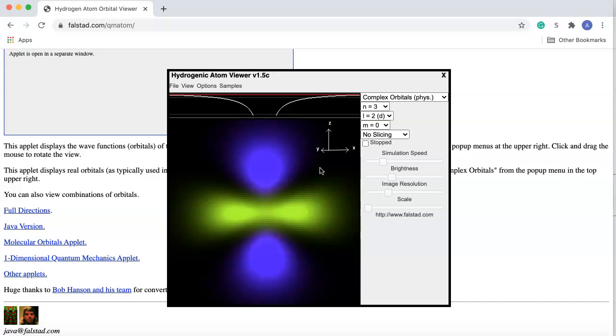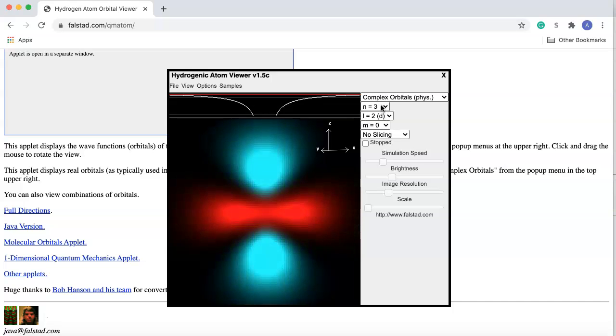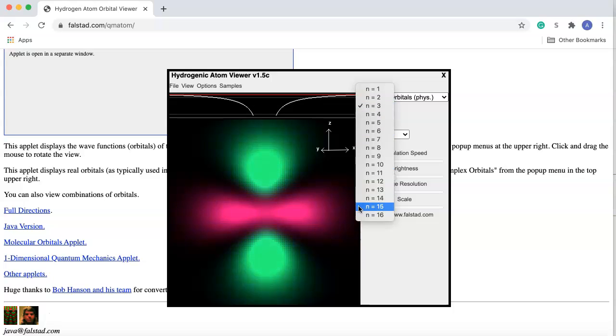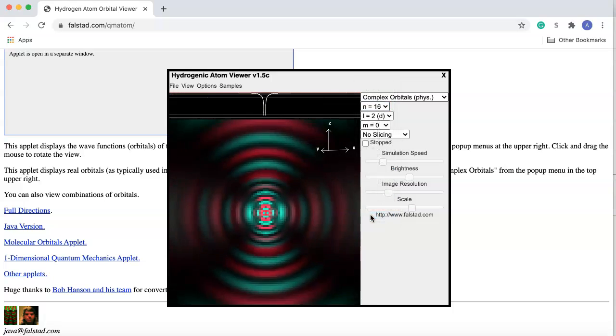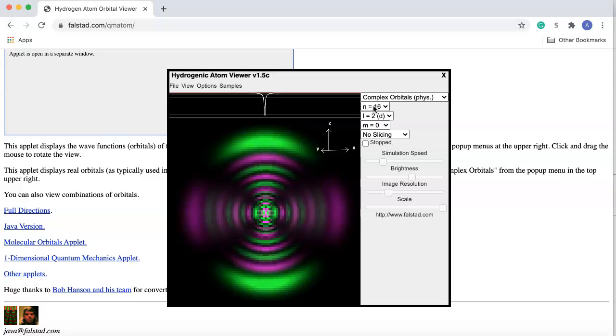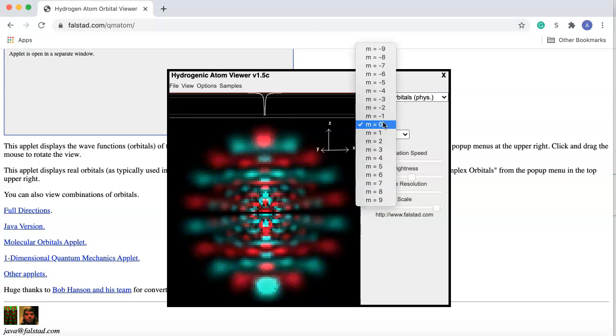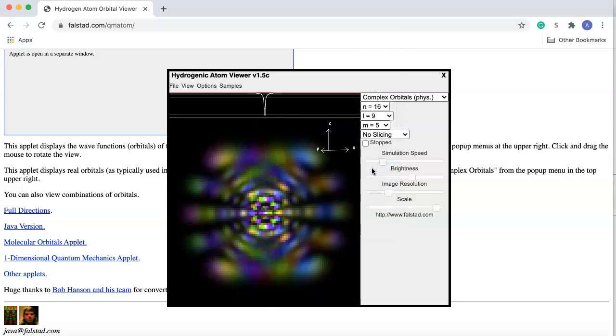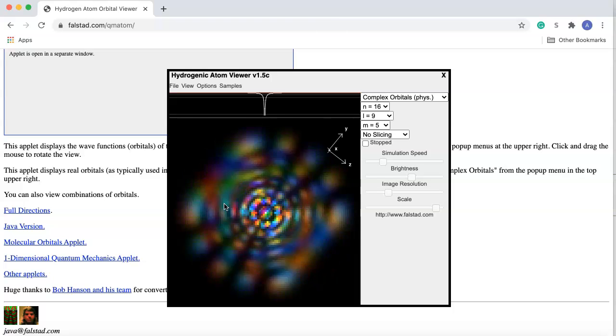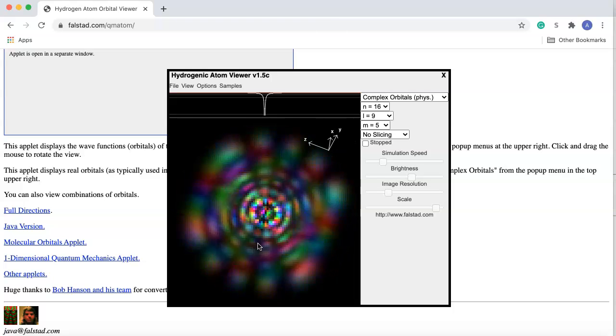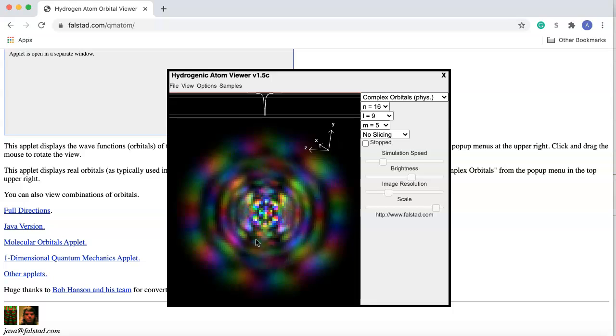So yeah, they become much more complex as we go to higher energies and higher angular momenta. So let's look at something really crazy, n equals 16. Wow, that looks really complex. Let's look at some high angular momentum, let's say 9 and 6 and 5. And so yeah, these wave functions can be really complicated, right?